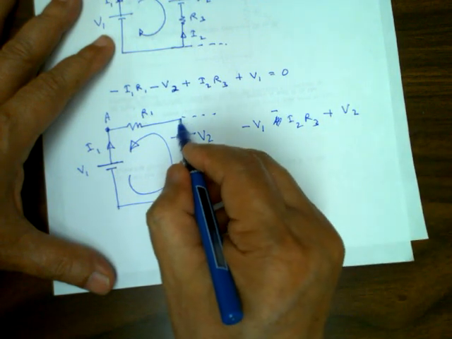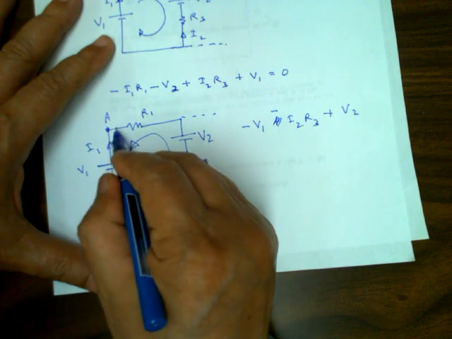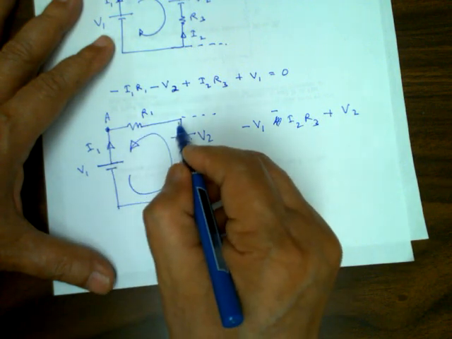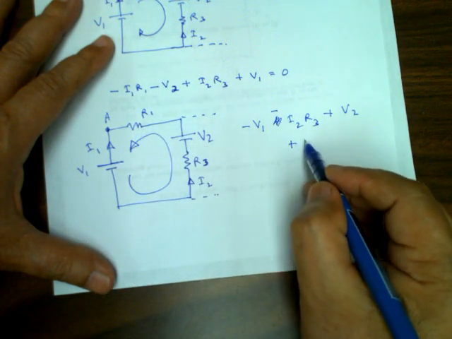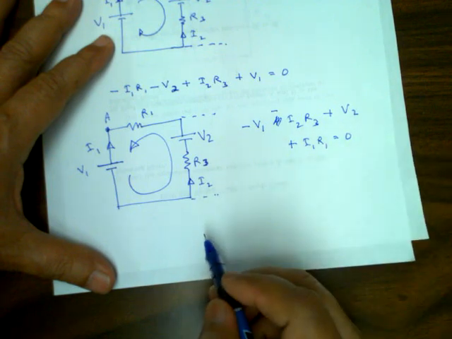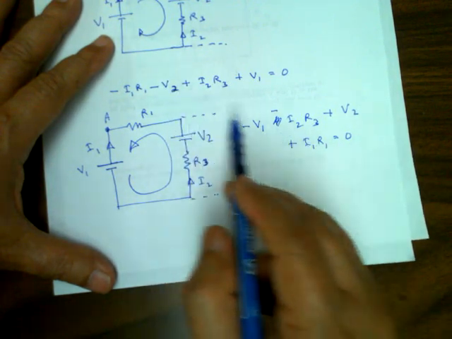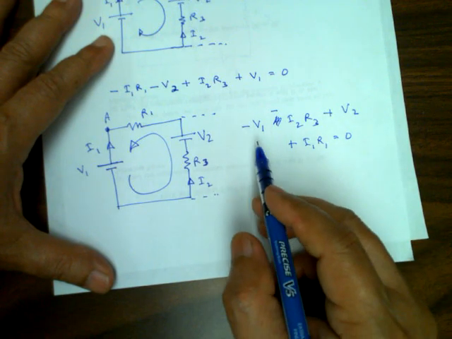Then I get to here, I'm going to the left. So now the current I1 is coming to the right. So then I'm going opposite to the current. So I get plus I1 R1 is equal to 0. So it looks like it's different from this, but they are identical. Look, all they are different is the sign.